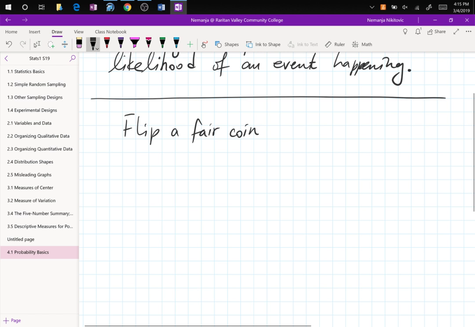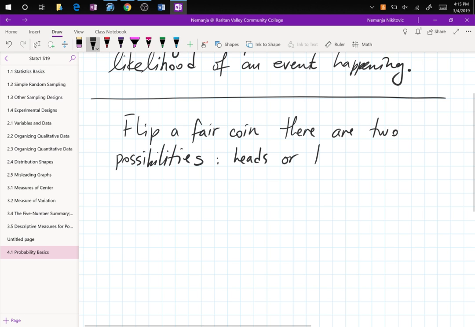So if you flip a fair coin, there are two possibilities. Heads or tails. And now the likelihood of each one turning up is 50%. So it's half and half.